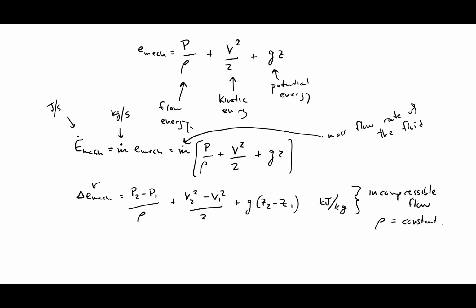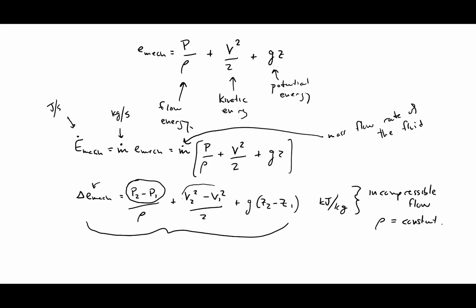So what we can get from this equation is that the mechanical energy doesn't change during the flow if the pressure, density, velocity, or elevation remain constant. In other words, if P2 and P1 are constant, so they're the same, then P2 minus P1 is 0.